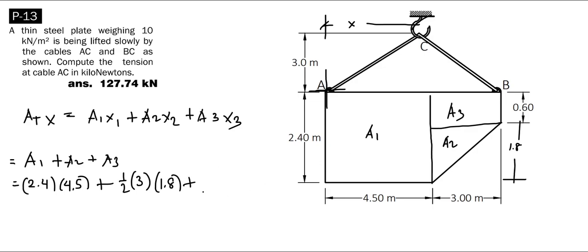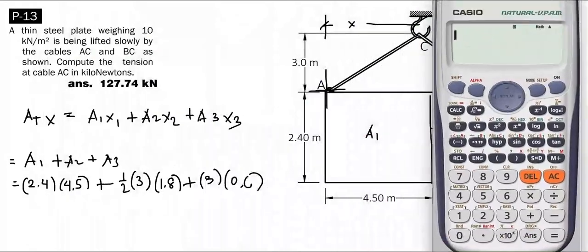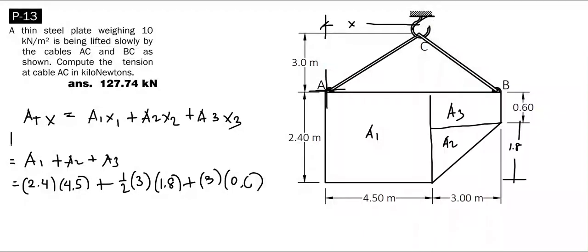Plus this small rectangle, an area of 3 meters times 0.6 meters. Now we can solve for the total area: 2.4 times 4.5 plus 1/2 of 3 times 1.8 plus 3 times 0.6. The total area for this figure is 15.3.